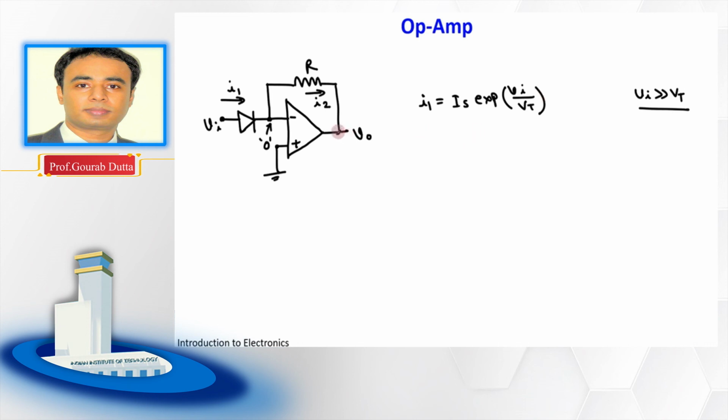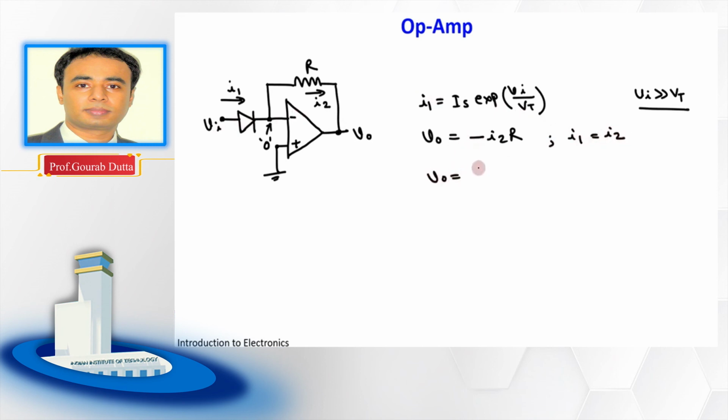Okay. Now what is the output voltage? V output can be written in terms of I2 and R like this. And we also know I1 is equal to I2, the same current.